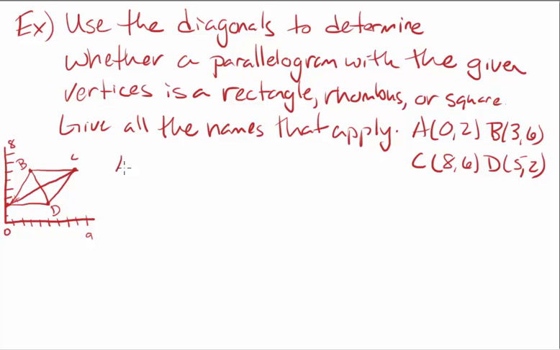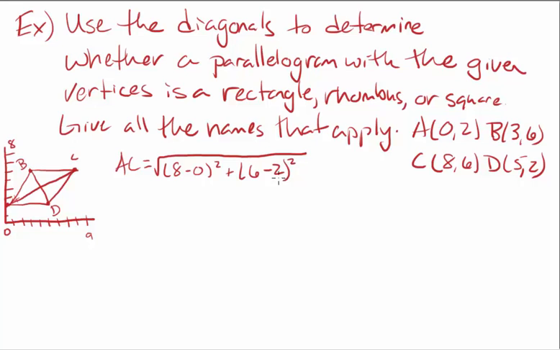AC is going to equal, using the distance formula, the square root of (8 minus 0) squared plus (6 minus 2) squared. We used the points A and C in our distance formula.